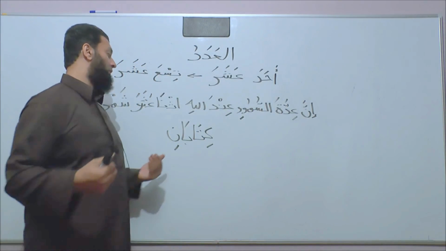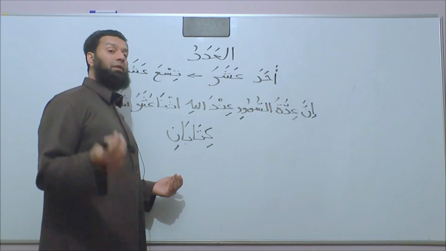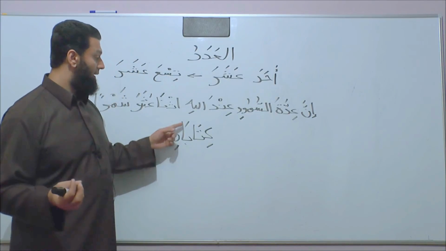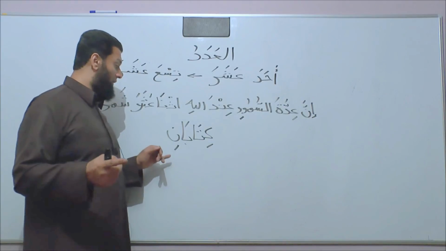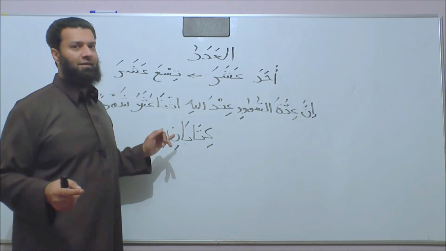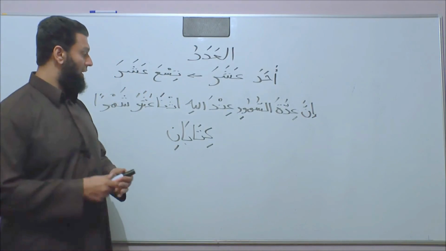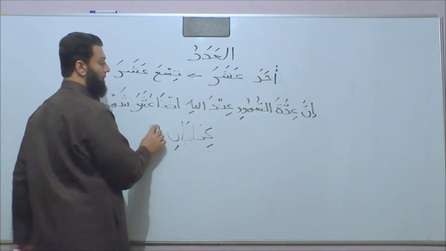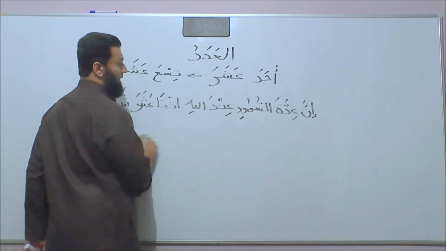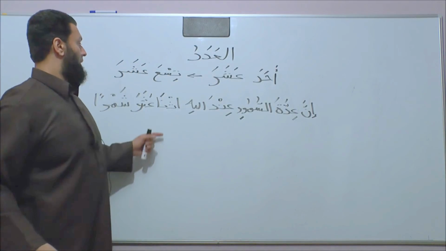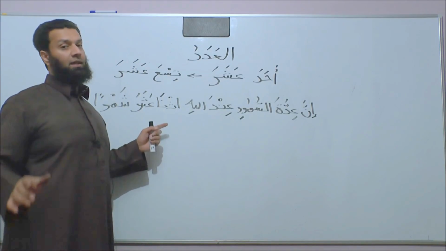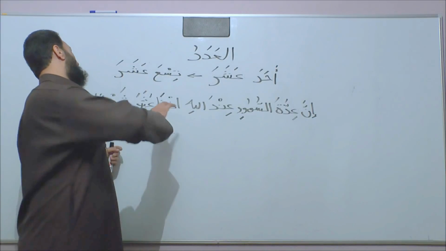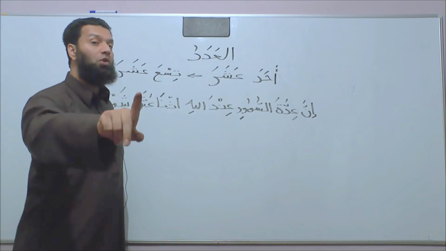If I asked you, what is alamatu raf'ihi? It's the alif, not anything else. Why? Because that's the rule for al-muthanna. Right? Remember, there's only two forms of the dual.